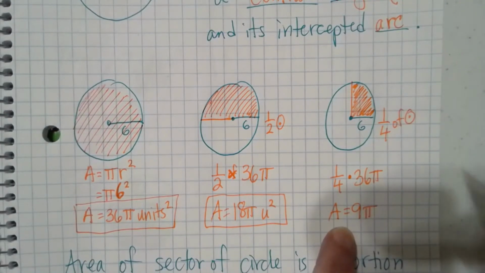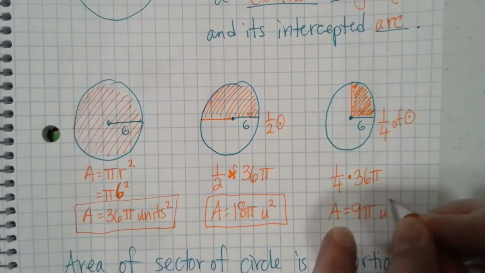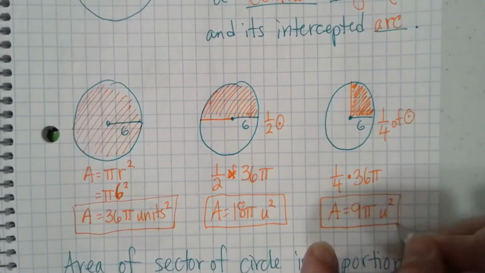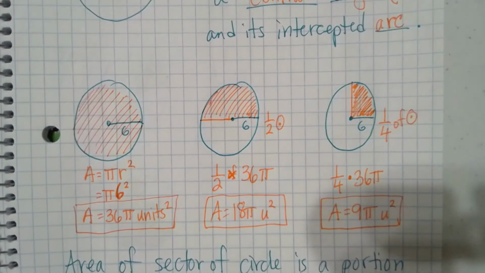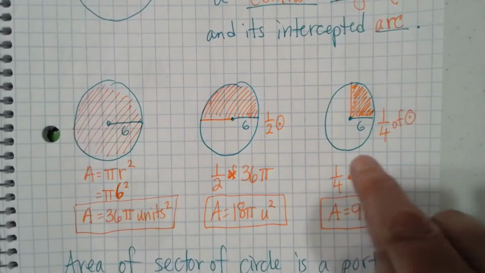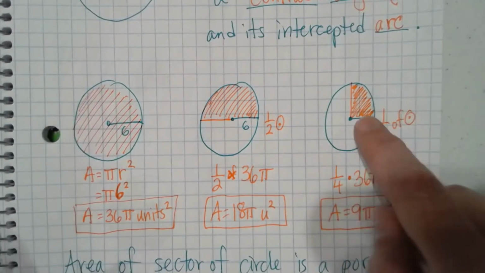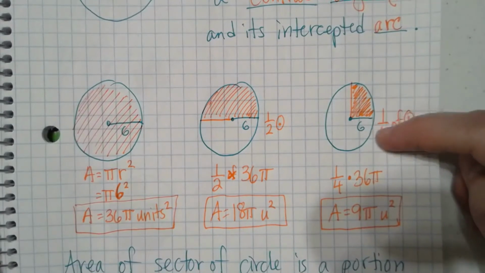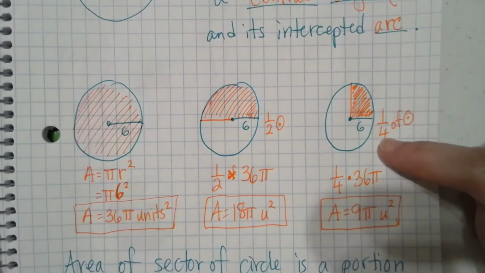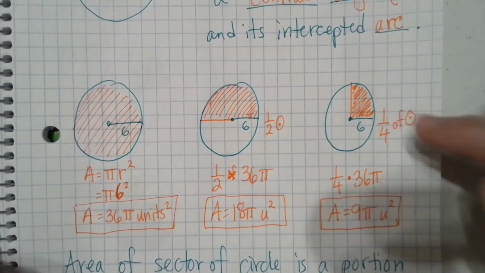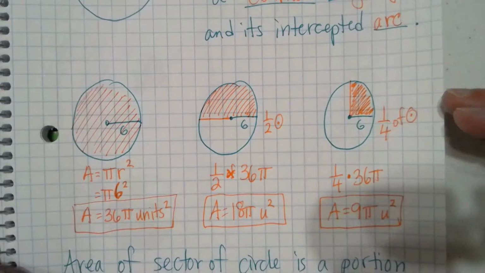So 1/4 of 36 pi is 9 pi units squared. Okay? And what this tells us is that this essentially becomes our formula for finding the area of a sector. We need to know how much of the circle is shaded, and then we're going to multiply it by the area of the whole circle, whatever that is.